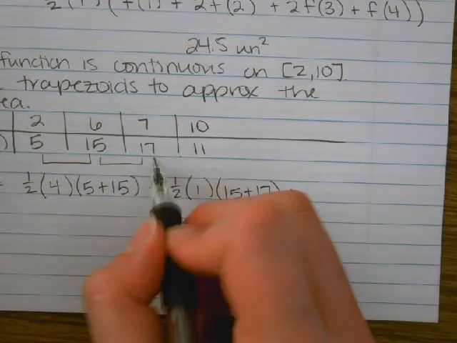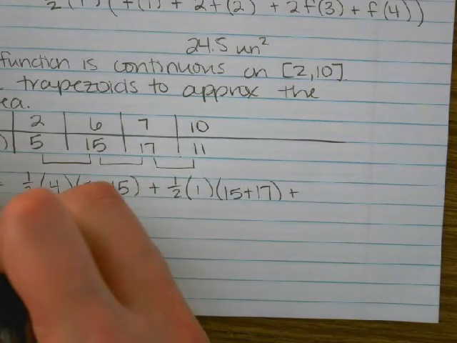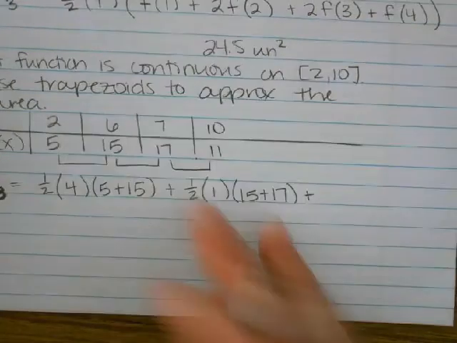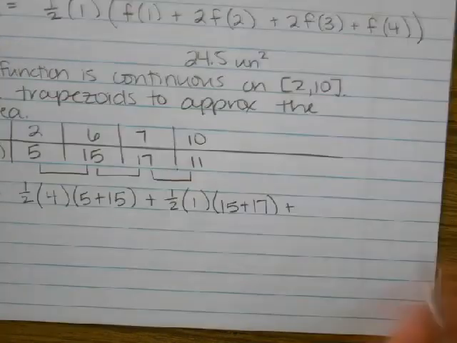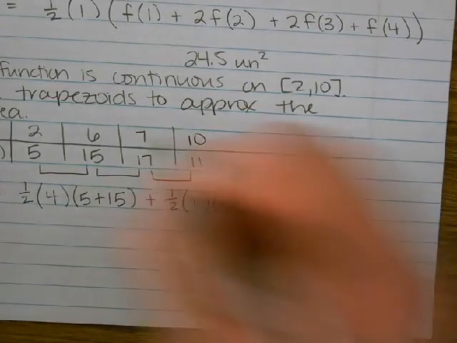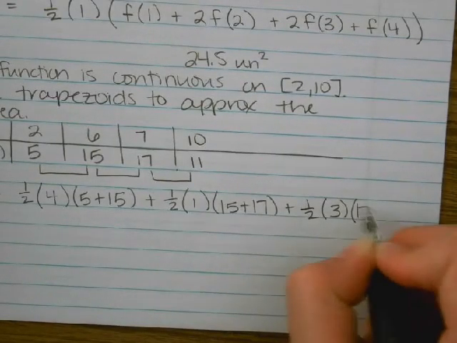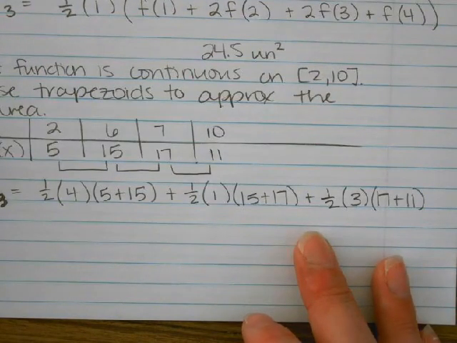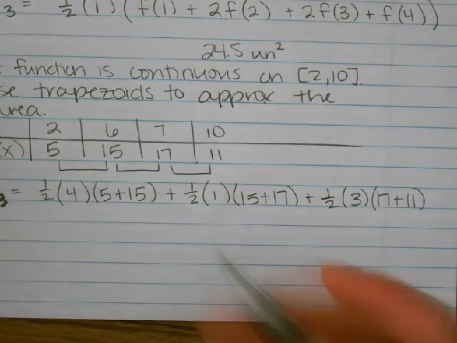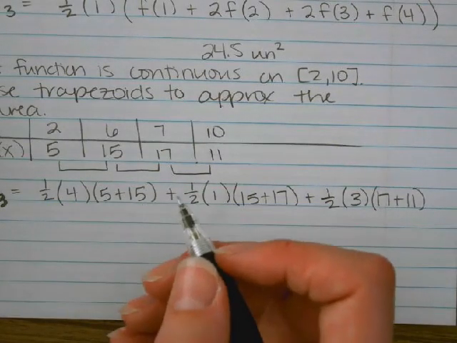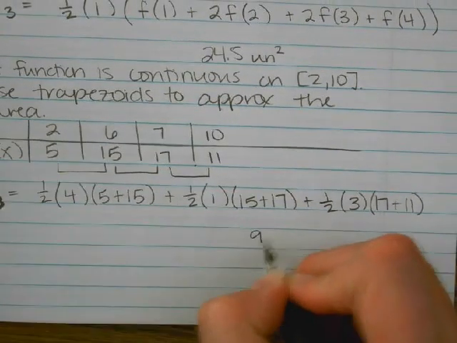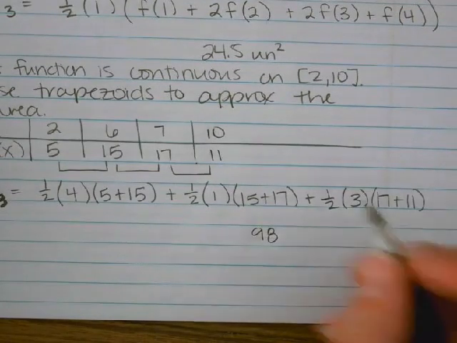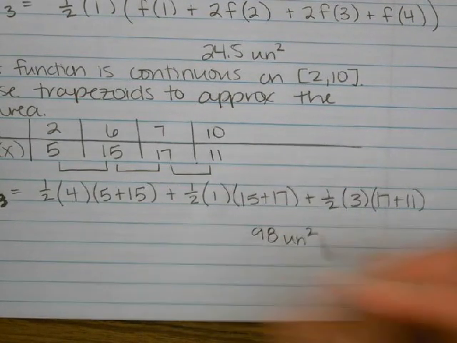And then our third trapezoid, 1/2, the height of this trapezoid would be 3, the left base and the right base. And you could shorthand this, I guess, if you wanted to take out the 1/2. I don't know how much that's really going to shorten this procedure for you. So this would be 98. And here we don't know what the units are, so I'm just going to say units squared.